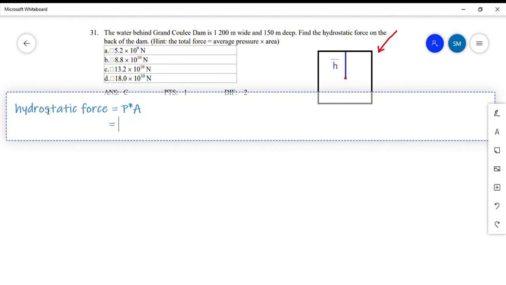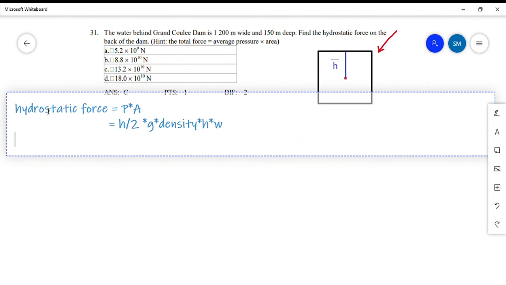So the pressure is h dash, I don't know how to write it on the keyboard, but let me say h over 2 times the gravity times the density, and the area is simply the height times the width.